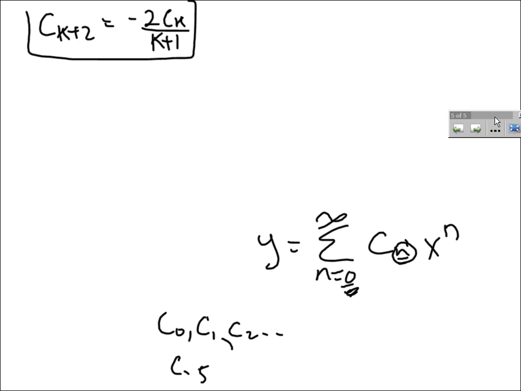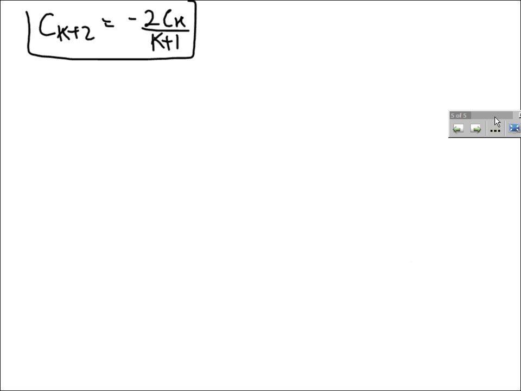This can only be 0 or 1 or 2 or 3. So the k plus 2 has to be bigger than or equal to 0. The k there has to be bigger than or equal to 0.